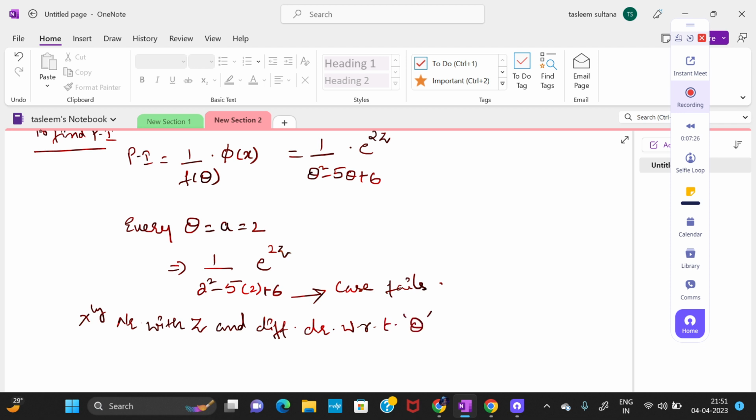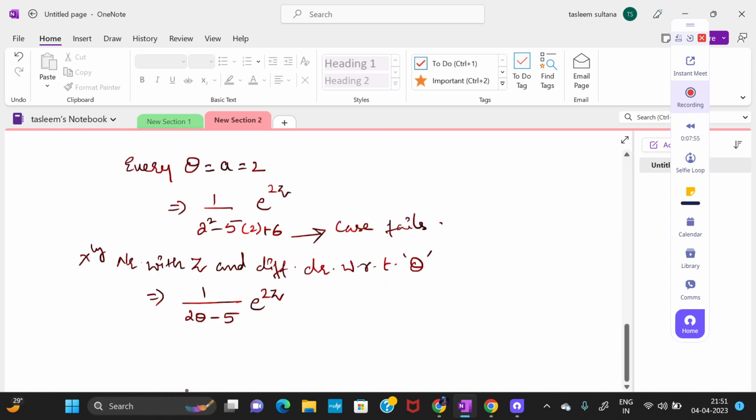It equals z times 1 divided by 2 theta minus 5, e to the power of 2z, where the differentiation of theta square is 2 theta and the differentiation of theta is 1. So it's going to be 1 by 2 theta minus 5 e to the power of 2z.